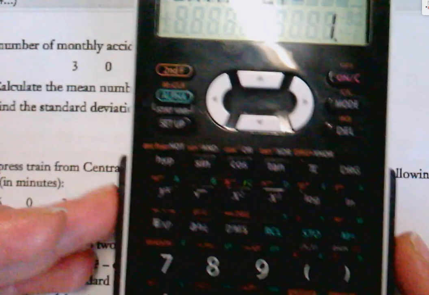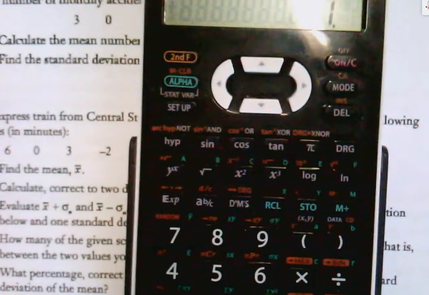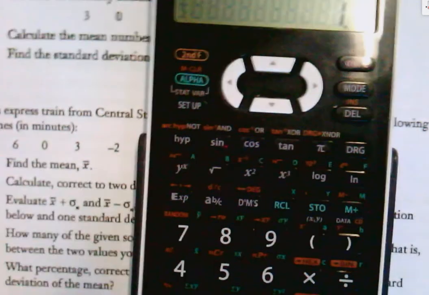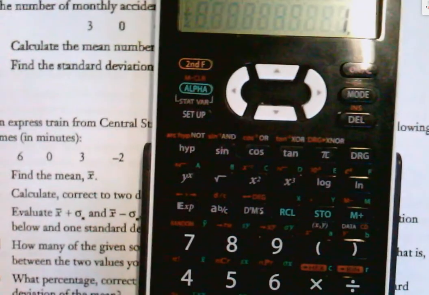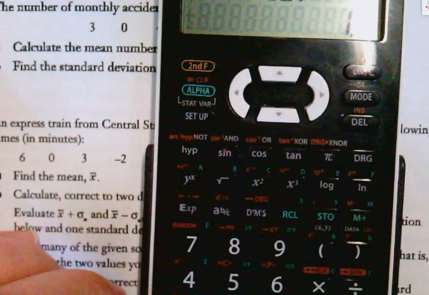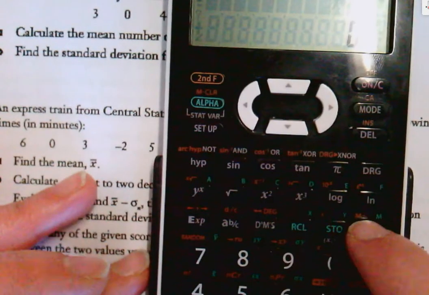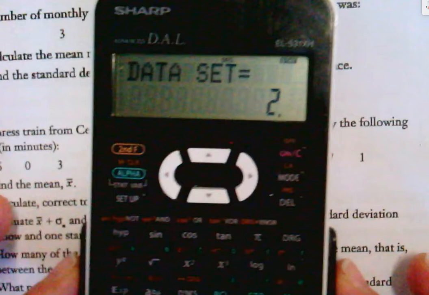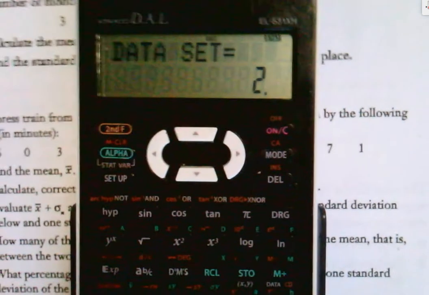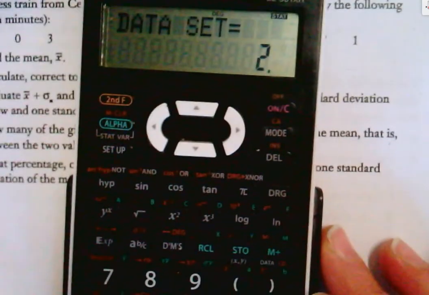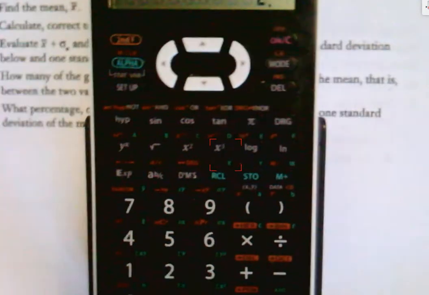3 M plus, and it says data set 1. That's to enter the data into the set. Then we go 0, M plus, and it says data set 2. As you enter each score, my next number is 4.